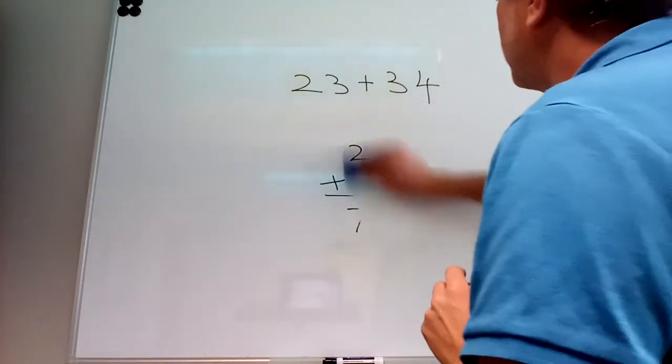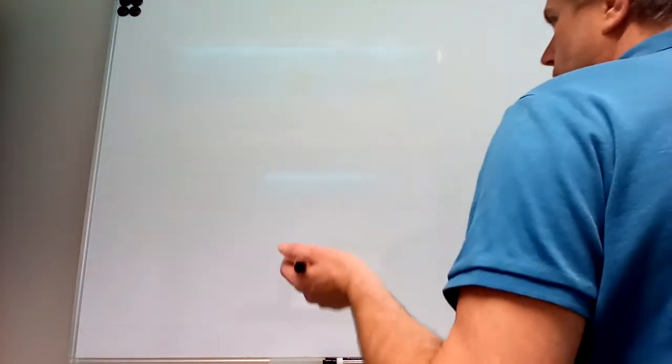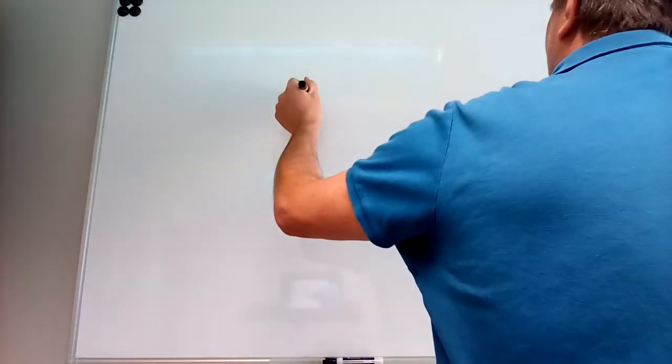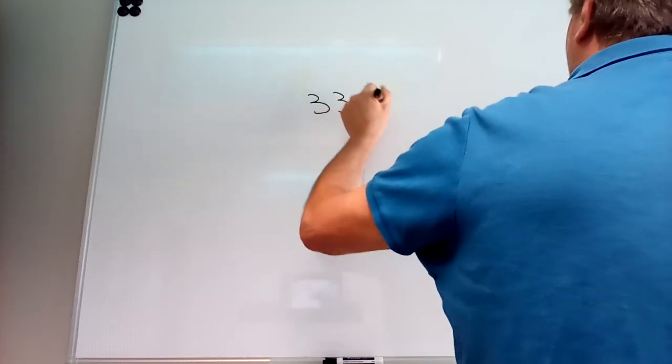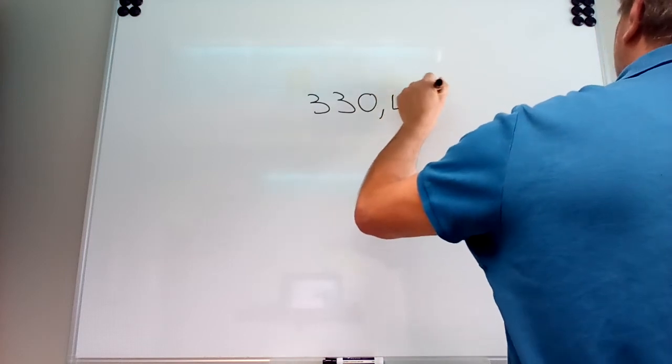So that's addition. Now, you can have more than just two numbers, and you can have some large numbers in addition. In that first video, we talked about thousands and the thousands place. Let's just say we have 330,425.